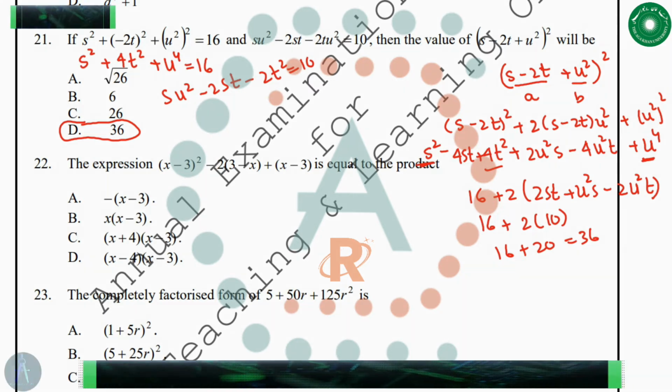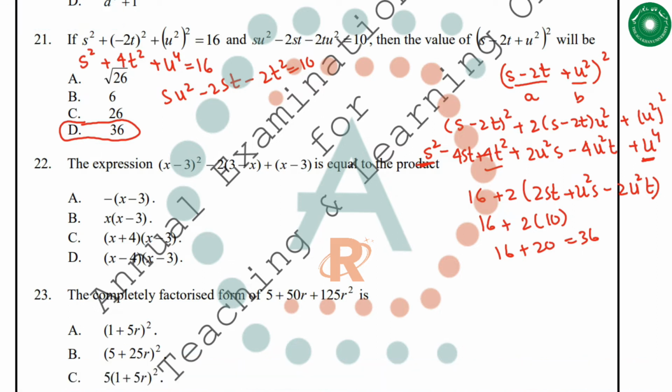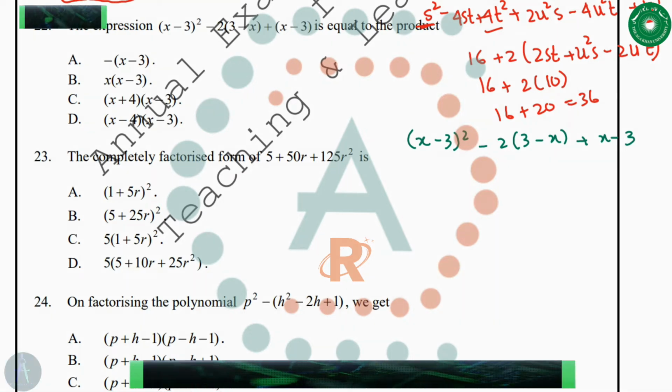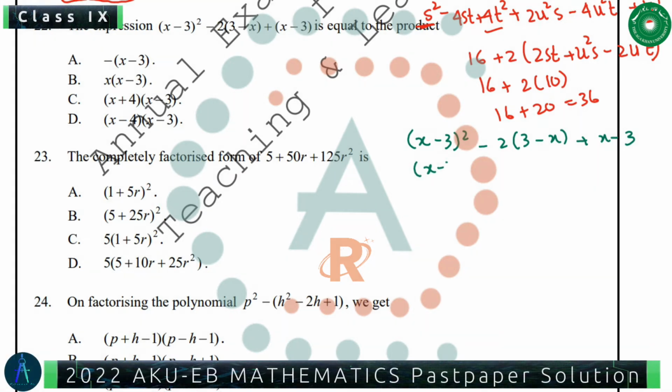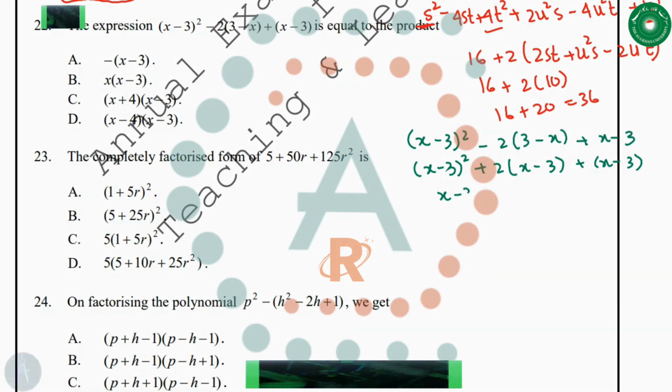The expression (x minus 3) whole square minus 2(3 minus x) plus (x minus 3) is equal to the product of which of the following expressions. So first of all, from this middle term we take the minus sign common. So it will become (x minus 3) whole square plus 2 into (x minus 3) plus (x minus 3). From these three terms we can take (x minus 3) common once again.